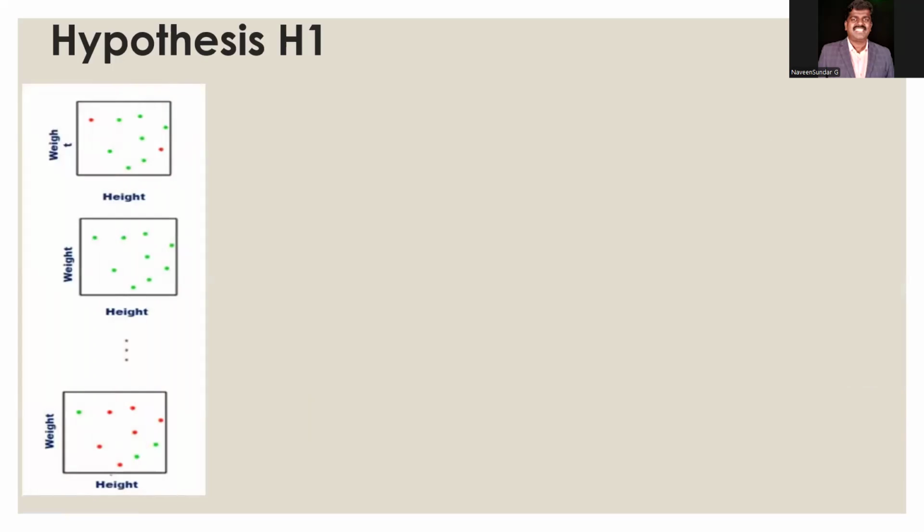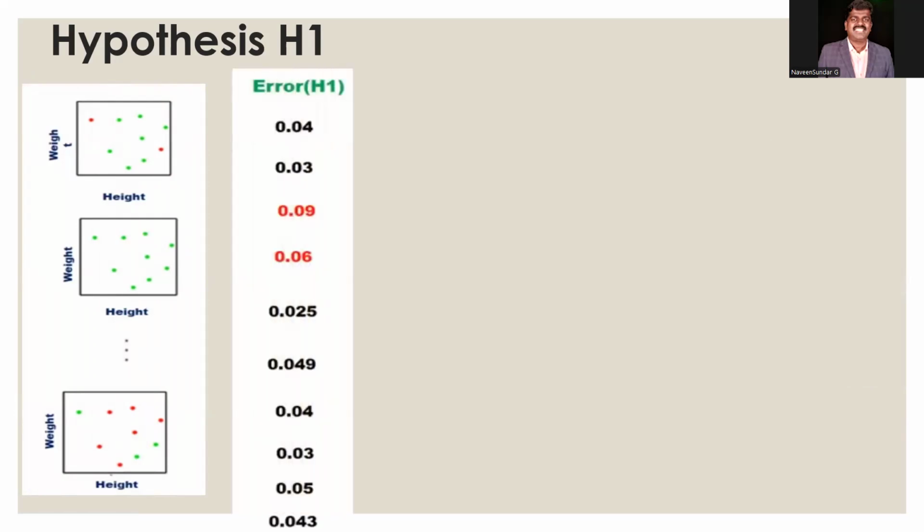Now we are going to see how the hypotheses H1 and H2 will be calculated based upon the data set we have been given. Here, the height and weight are taken from the training sample and plotted using a graph. Now we consider the error of H1.